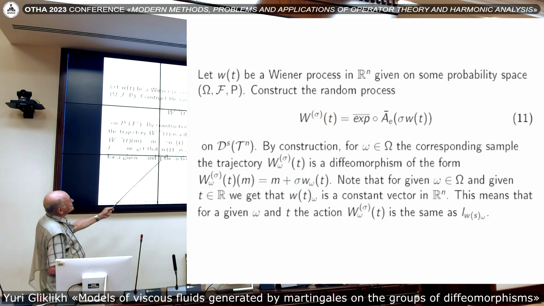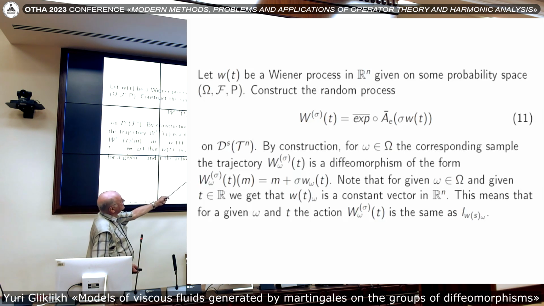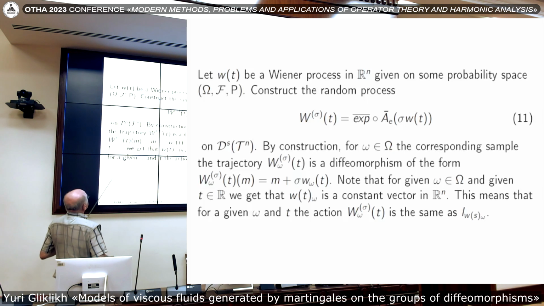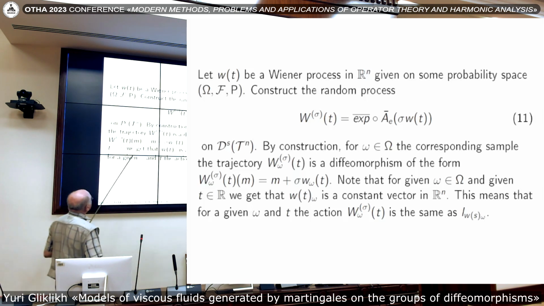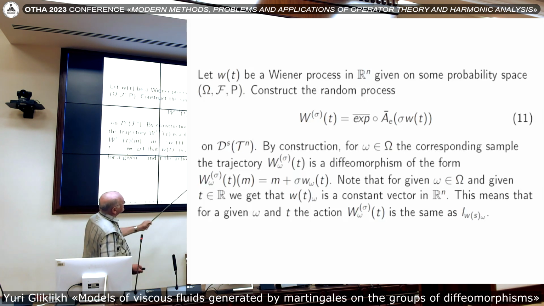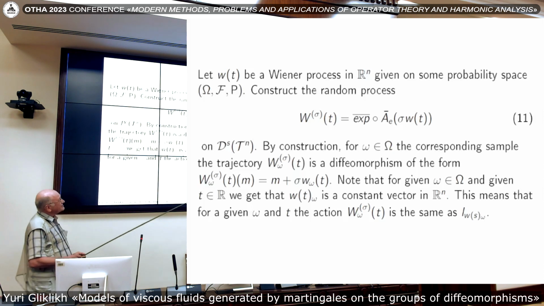For a given omega small from omega capital in our probability space, and given t, W of t at omega is a constant vector in Rn. And this means that for a given omega and t, the action, I didn't say about this operator, but it's smooth and translates geodesics into geodesics.